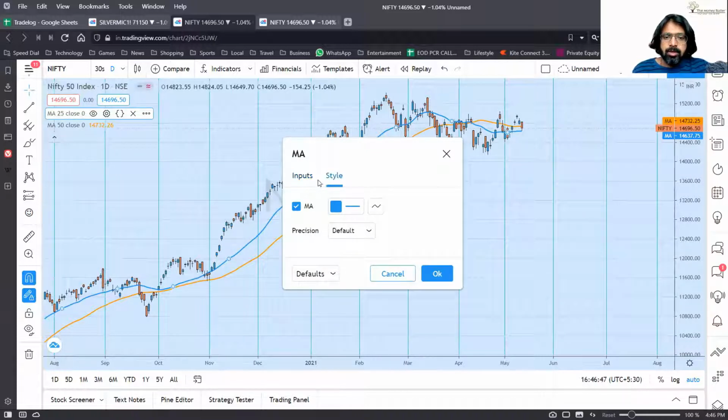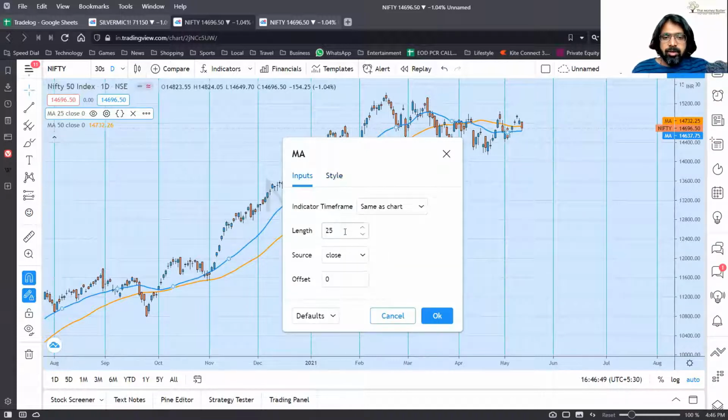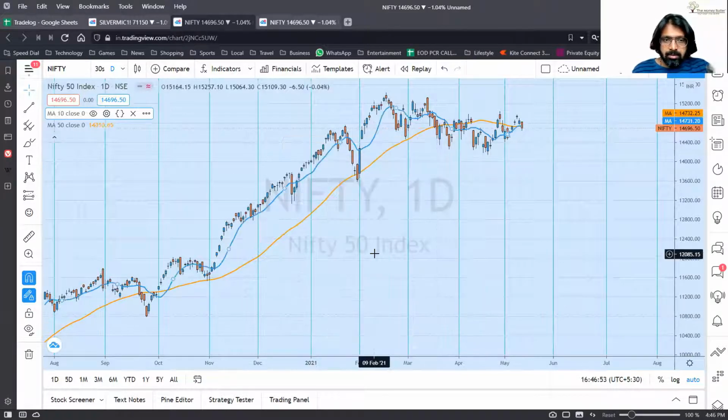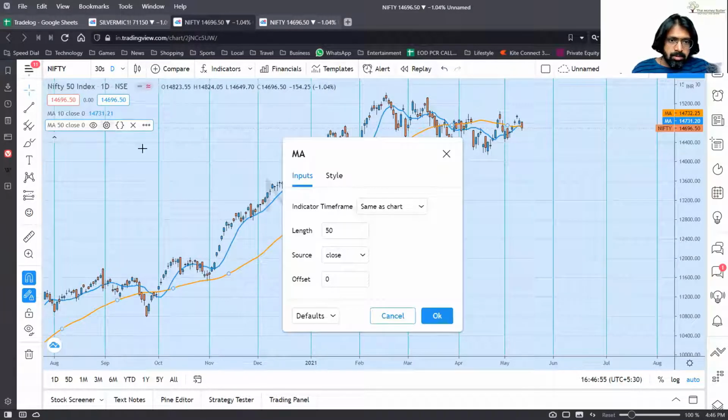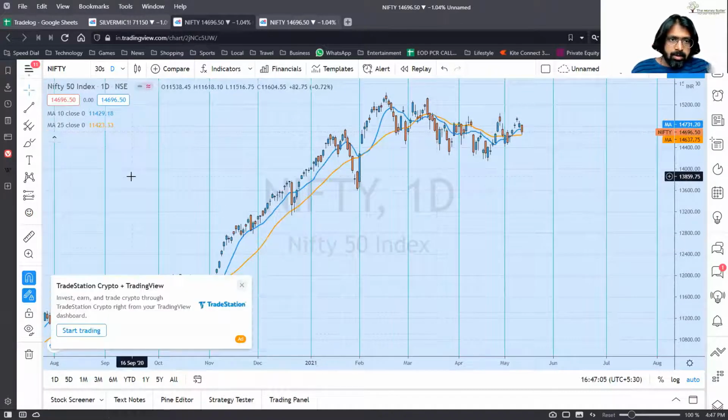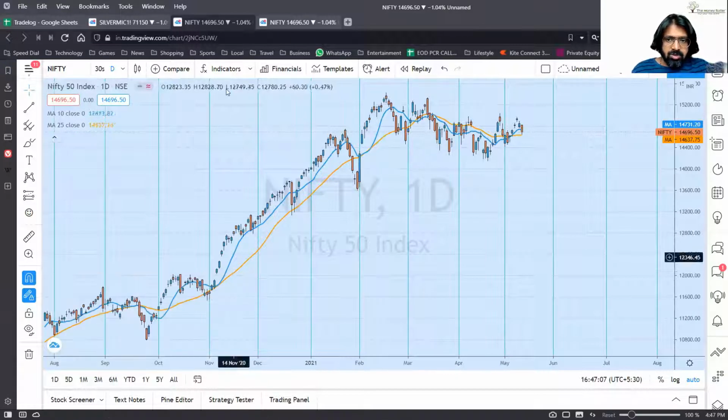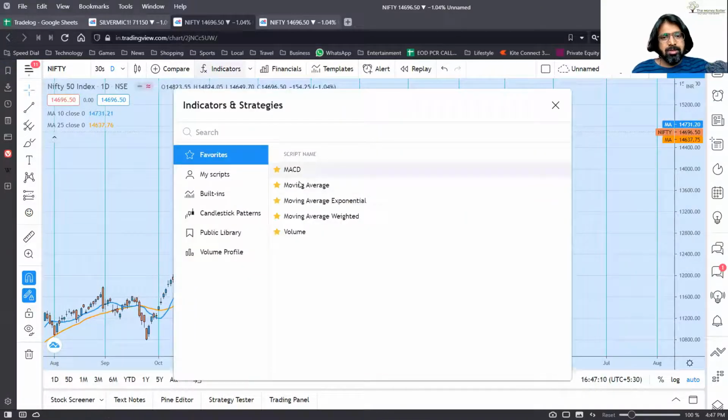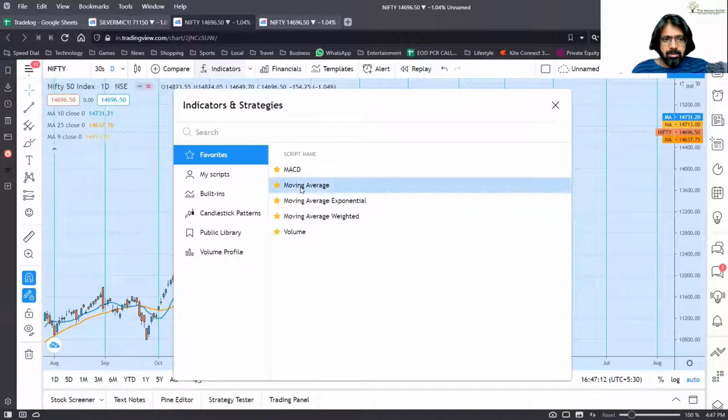Now, here in the second one, you have to put three different moving averages on your chart. So I'm going to put 10, 25. There we go. And I will also add one, two more moving averages.